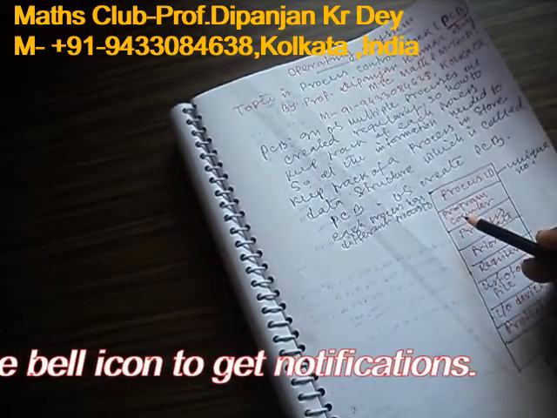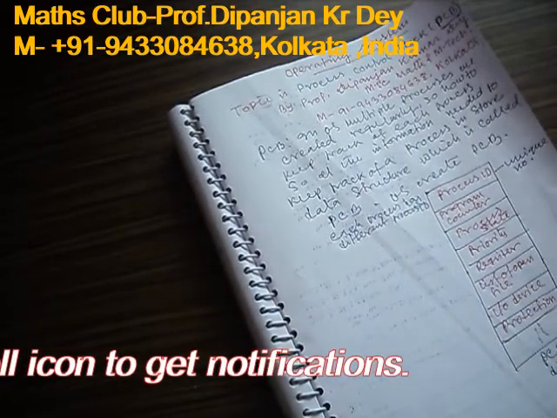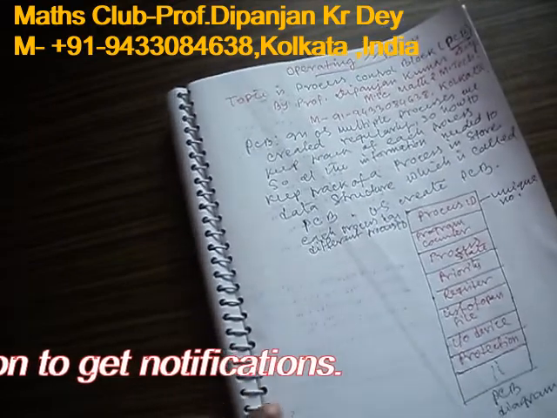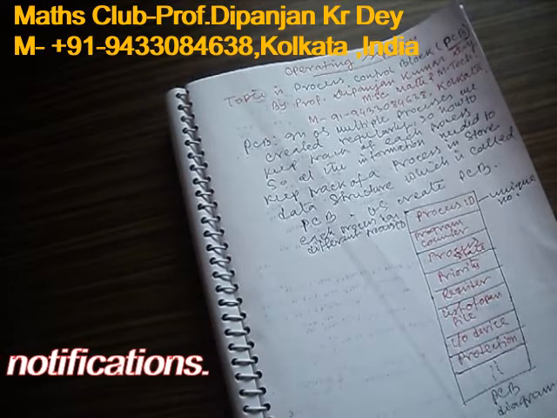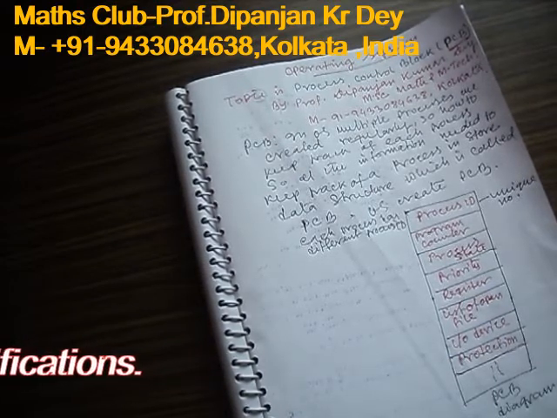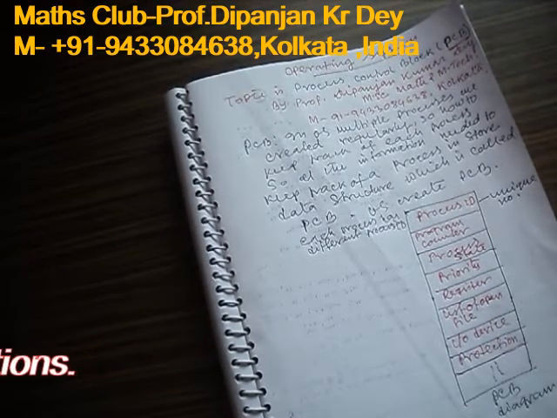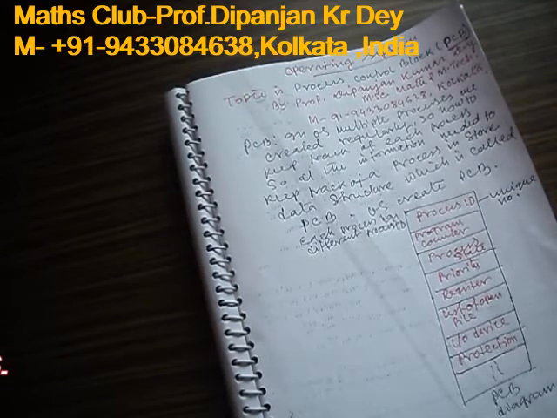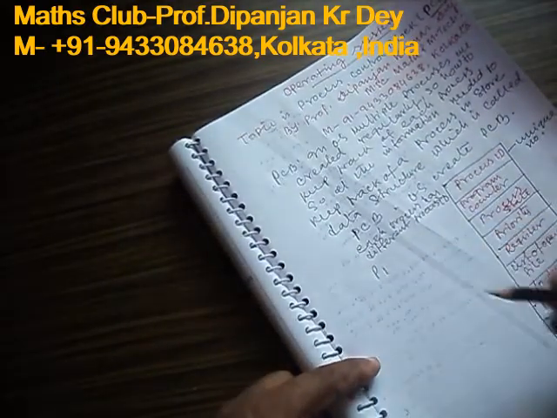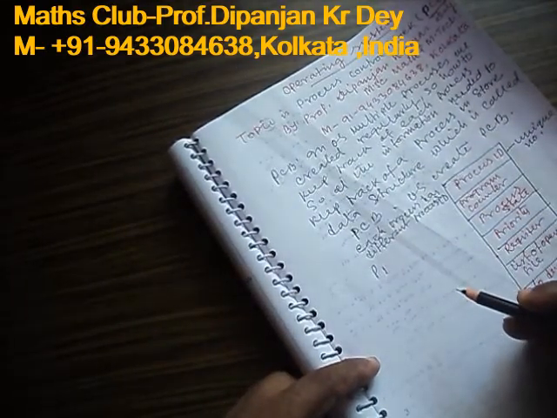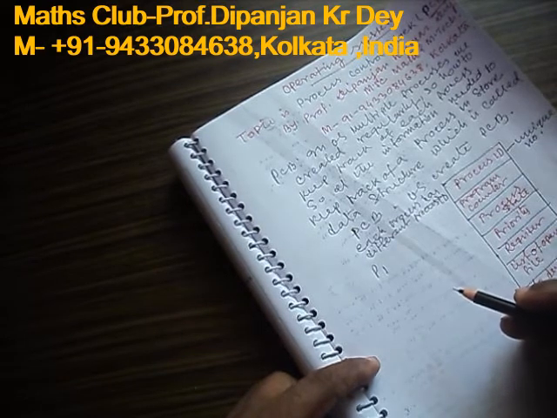Next is program counter. What is program counter? Program counter acts as a pointer. Suppose there is a process P1 which is executing in CPU.